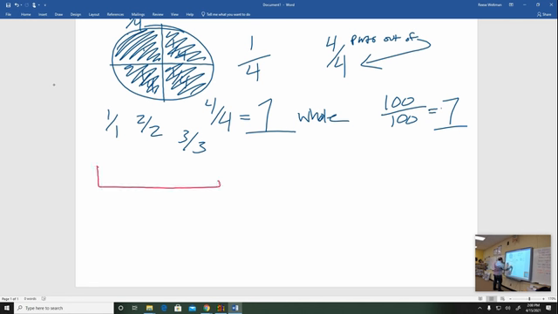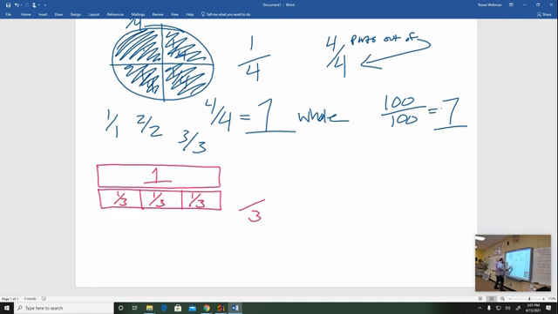Now let's draw out what we would call a fraction bar. This is a fraction bar, and we'll label it with 1 because it is 1 whole. The next one we draw will be the exact same: the same whole, same size, same length, but this time we're going to divide it into 3 parts. Because we have 3 parts, 1, 2, 3, our denominator will be 3, and each part will be 1/3.